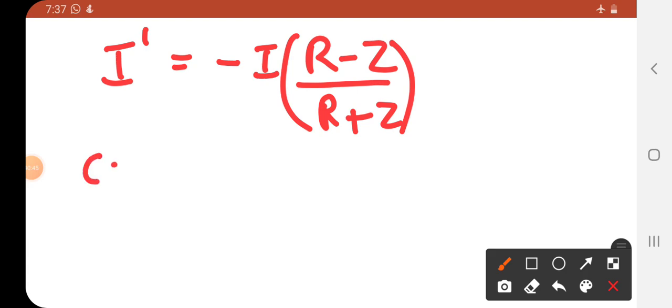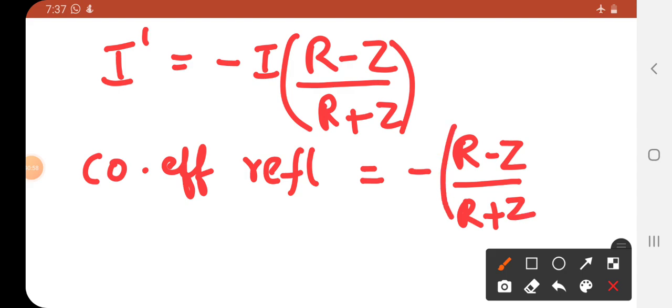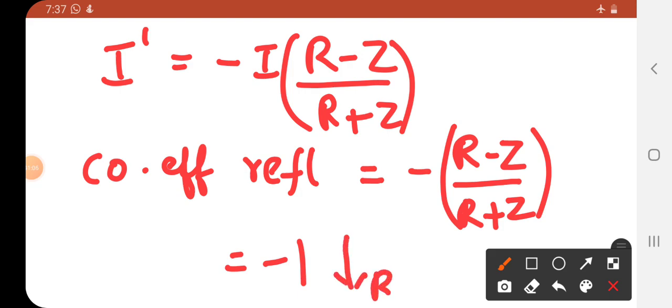The coefficient of reflected current is equal to minus R minus Z by R plus Z. So already we have this value. So hence it is minus 1 when R tends to infinity. Can you check in the same manner for short circuit also? Yes, you will get the same. That is when R is equal to 0. If you substitute R is equal to 0, you will get the same values.